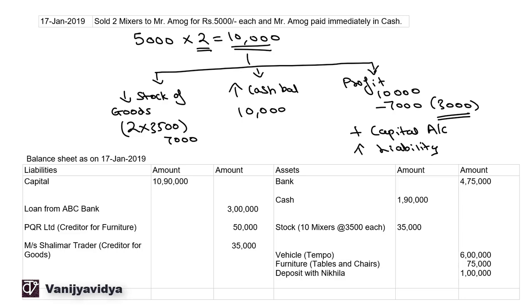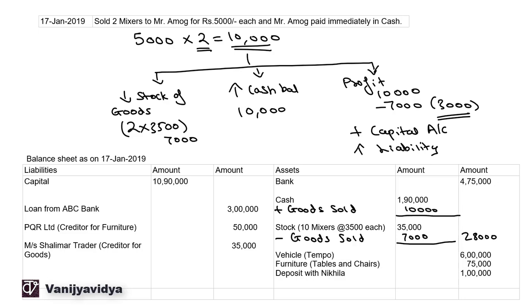Now let's see the impact of this transaction on the balance sheet. First, stock of goods has reduced by 7,000. So less goods sold, 7,000. So stock is 28,000. Your cash balance has increased by 10,000. So add amount received on sale of goods, that is 10,000.